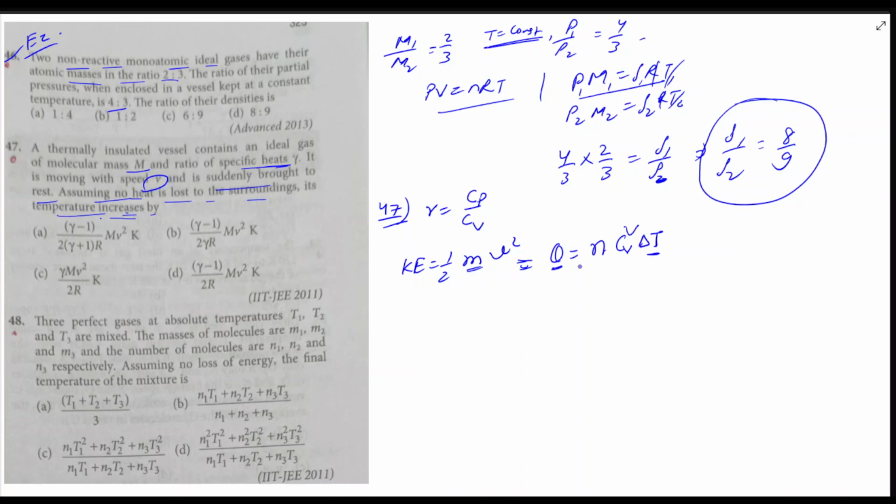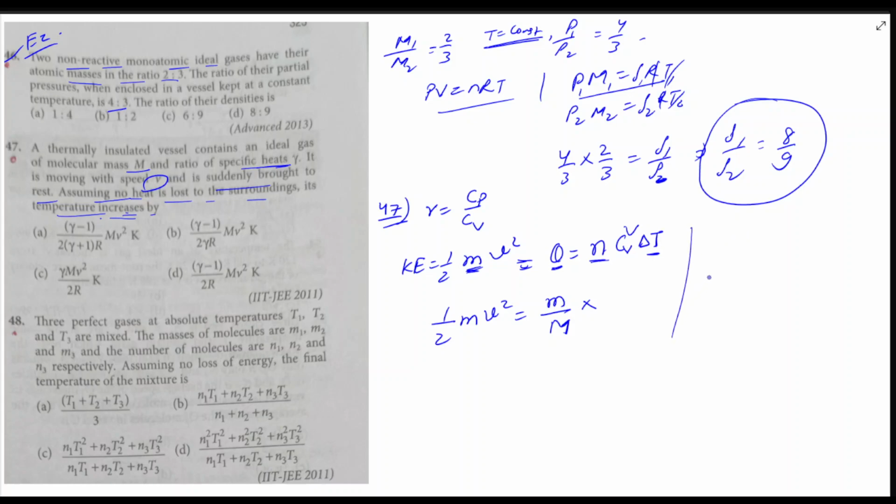So Cv we need, small m we need, and n is the number of moles. So we can write half m v square equals n Cv delta T, and n is small m upon capital M, the total mass upon the molecular mass, times Cv.